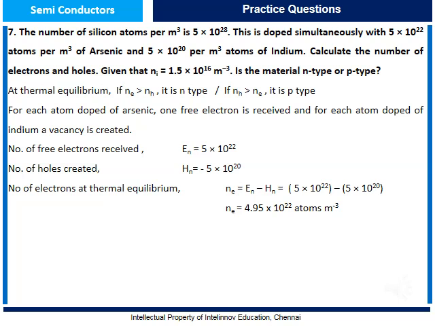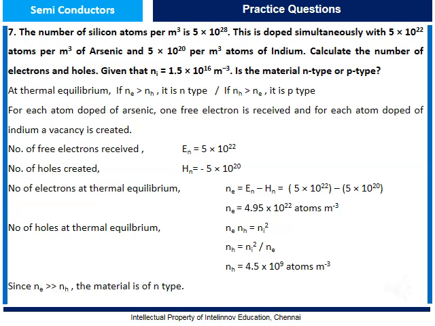Similarly, the number of holes at thermal equilibrium can be found using the formula Ne Nh equal to Ni square. Here we know the value of Ne and Ni. Thus, Nh is equal to 4.5 into 10 power 9 atoms per meter cube. Since the number of electrons is much larger than the number of holes, the material is N-type.